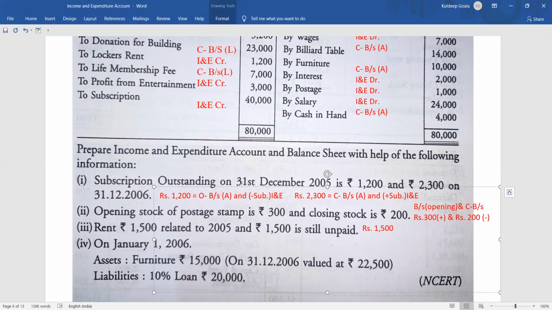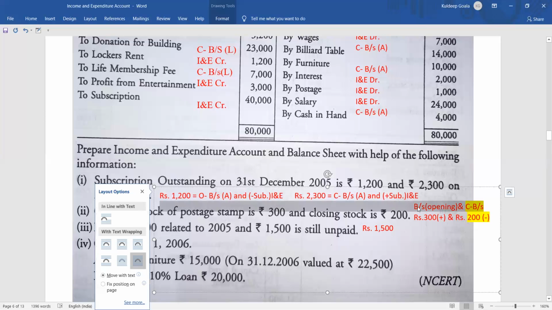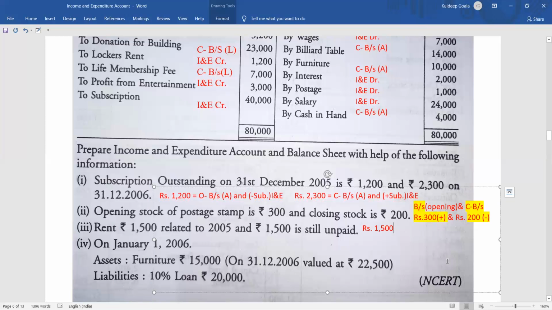Both are having their own purpose. So once one, if I highlight, the other one will be automatically clear to you. Okay, this will come in the closing balance sheet, and this will come in the opening balance sheet, right?